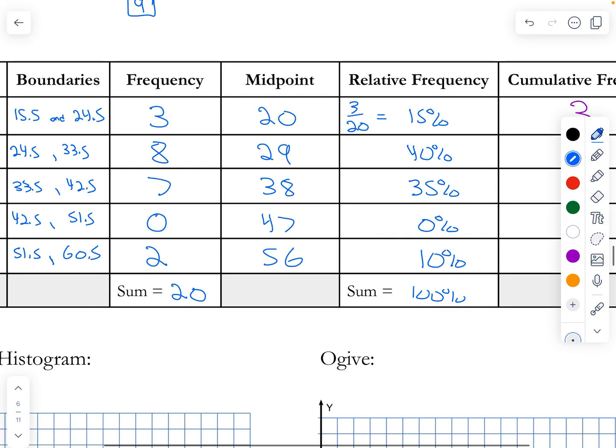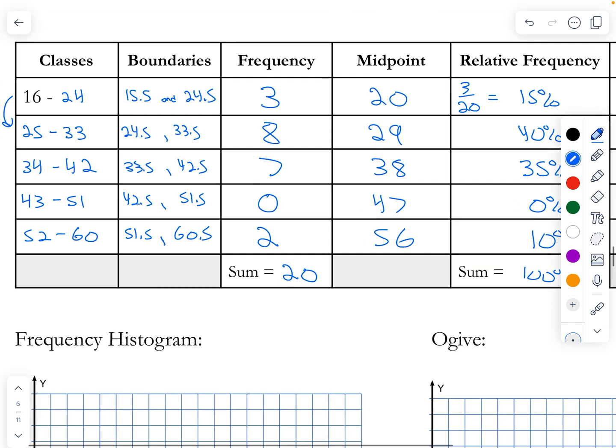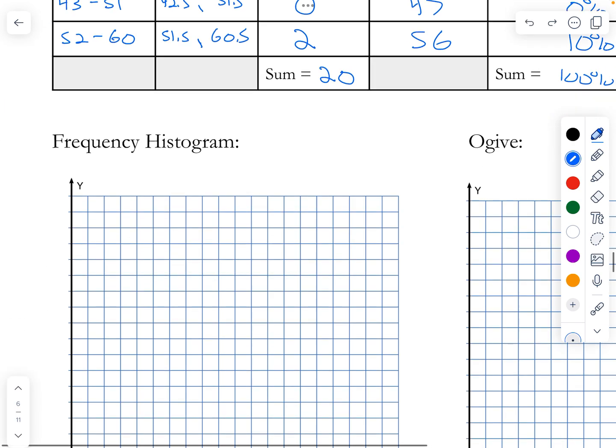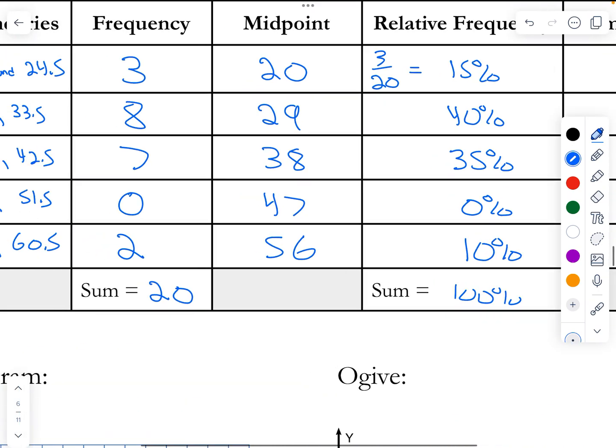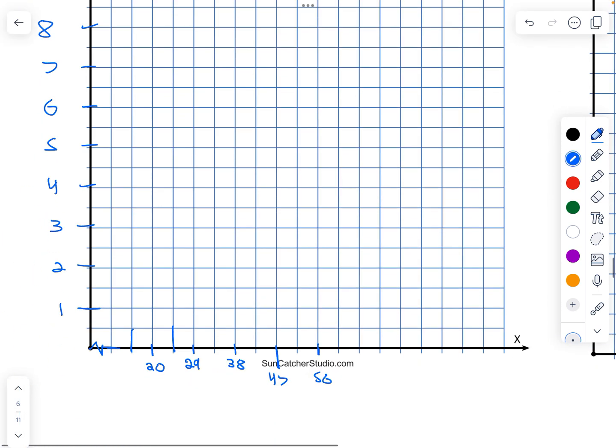My frequencies, the highest frequency I have is 8, so I have to make sure that I go up to at least 8. You think I can skip a number to do that? Just skip a tick mark. All right, now I'm going to remember my frequencies, 3, 8, 7, 0, 2.